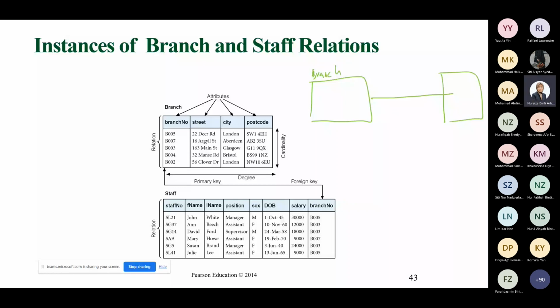Then you need to identify the relation, and give the attributes. Write down the attributes, give a primary key and so on. This is an example of a relation, branch and also staff relation. The branch will be assigned. So you understand this, and whether this is many to many or one to many goes back to the situation they have.